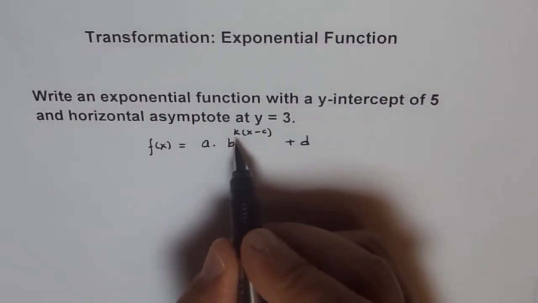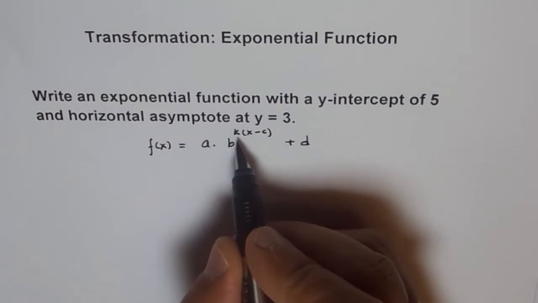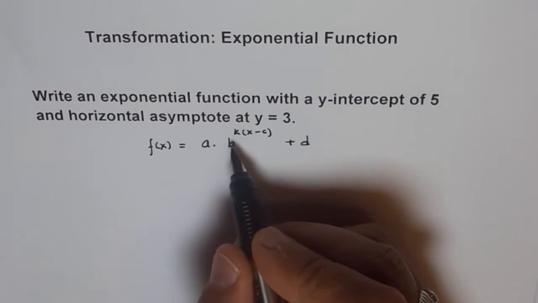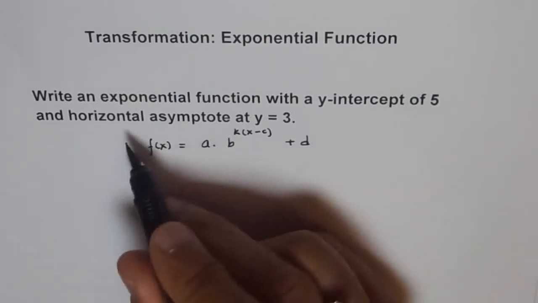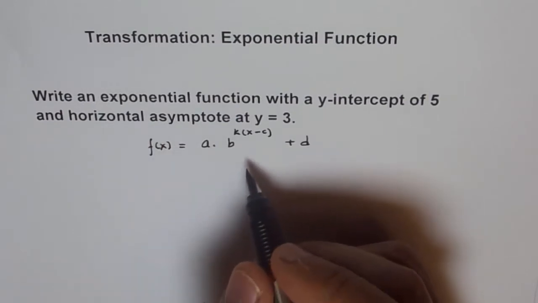For k, if k is positive and greater than 1, then it's horizontally compressed by a factor of 1 over k. But if k is between 0 and 1, then it is horizontally stretched by a factor of 1 over k. For example, if it is half, then it is stretched horizontally by a factor of 2. If k is negative, then it's a reflection on the y-axis.